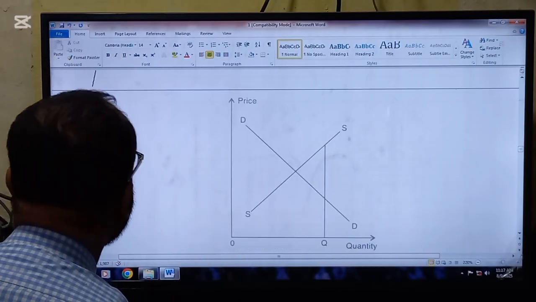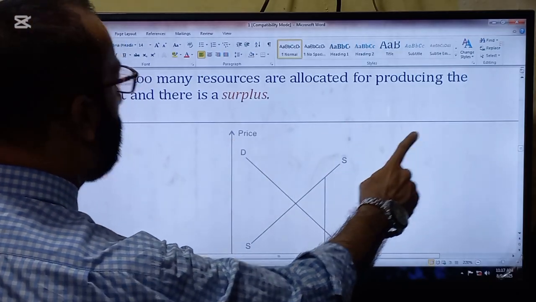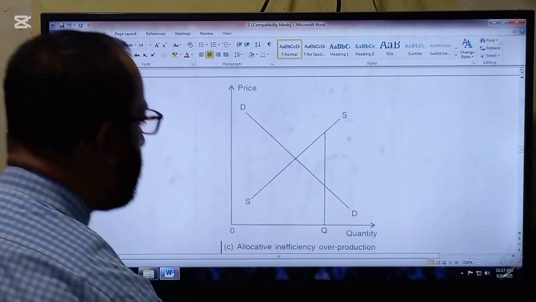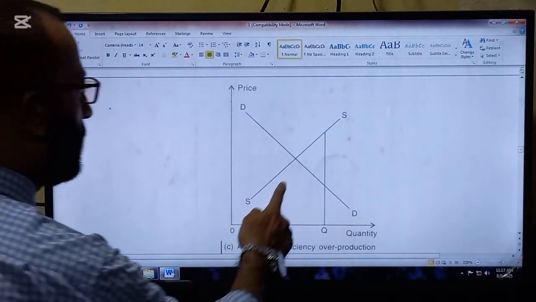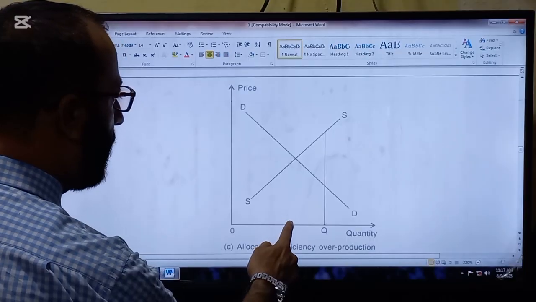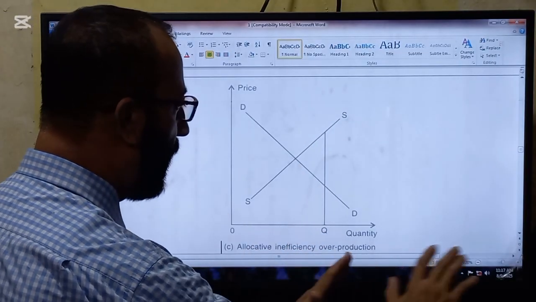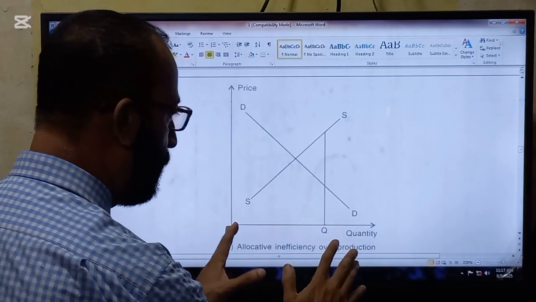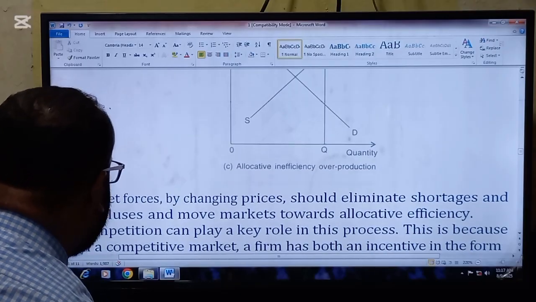In 3c, too many resources are allocated to producing the product and there is a surplus. So this is another inefficiency. You can see this is the equilibrium quantity that is required, but a surplus is provided in the market. It means too many resources are being put into the production of the commodity.